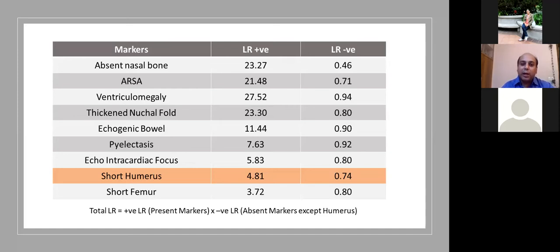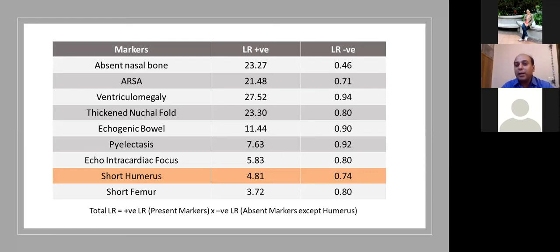The total LR of a study can be calculated by multiplying the positive likelihood ratio of the markers which are present with the product of the negative likelihood ratios of all the absent markers except humerus.